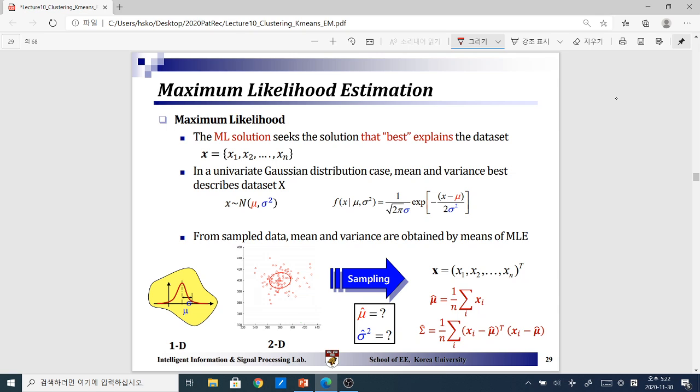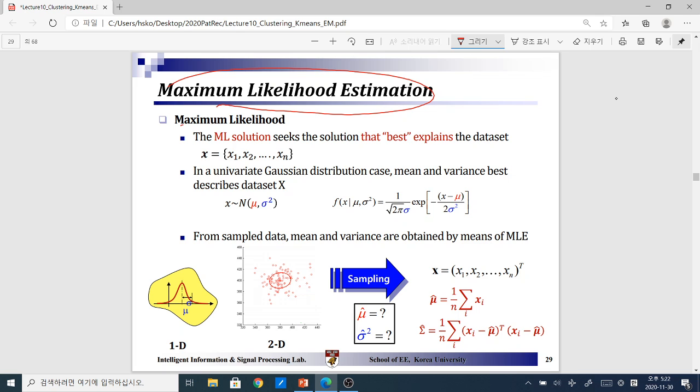So before we talk about that, let's talk about the maximum likelihood estimation procedure first. First of all, we need to obtain the log likelihood of the sample, and then we take the gradient of that with respect to the parameter, set it equal to 0, and solve for the parameters.